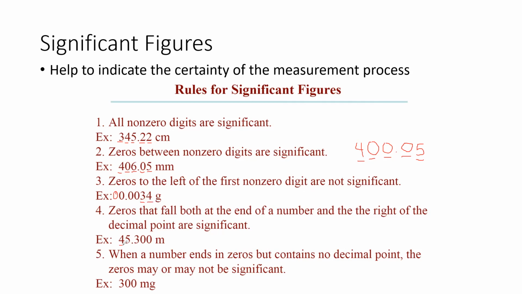But in the case of this value, if we just had 45.3, the numbers I've underlined here, we don't know what those next two digits are going to be. They might be 0, 0. They could be a 2 and a 7. They could be whatever they're going to be. But unless we actually have those digits, we don't know for certain what they're going to be. So that's why these are going to be important.